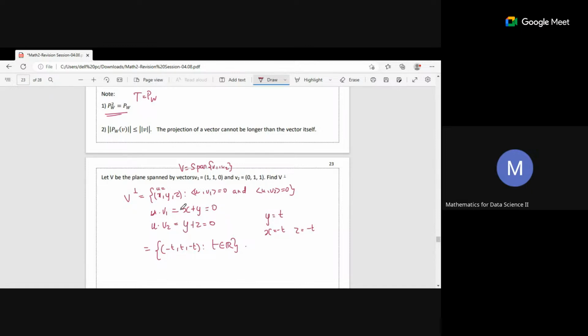Then you consider this system of equations. How did we get x plus y? What is the dot product of this vector with this vector? You just took a random vector and then did the dot product. Now solving this, you will get this. That's all. Okay, thank you.